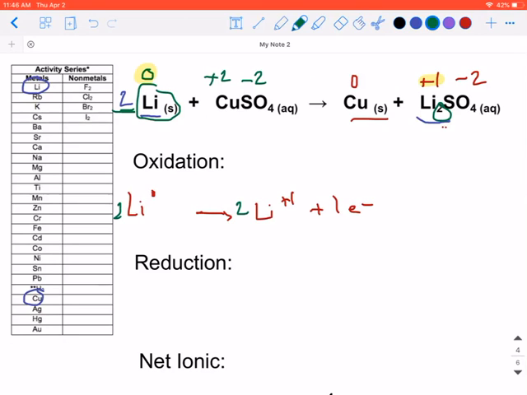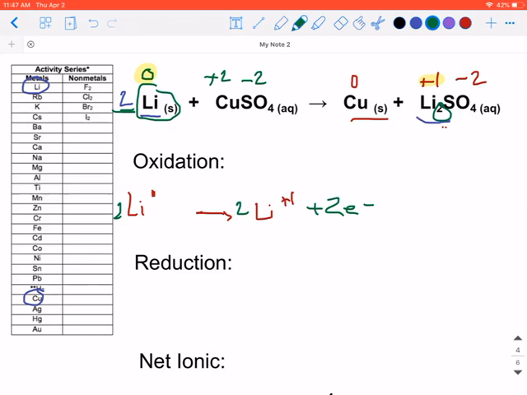A neutral lithium atom turns to a lithium +1 ion 2 times. So that means total, I'm going to have 2 electrons being lost in this situation, okay? So that is the oxidation half reaction.